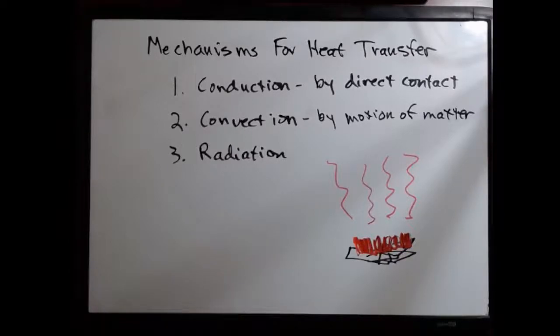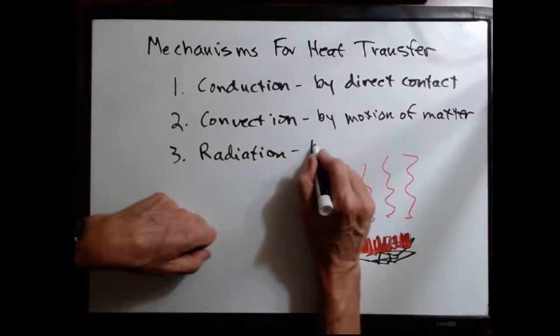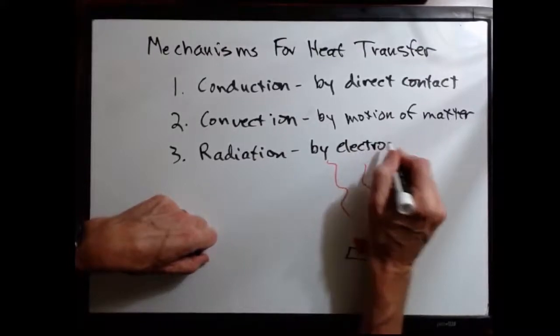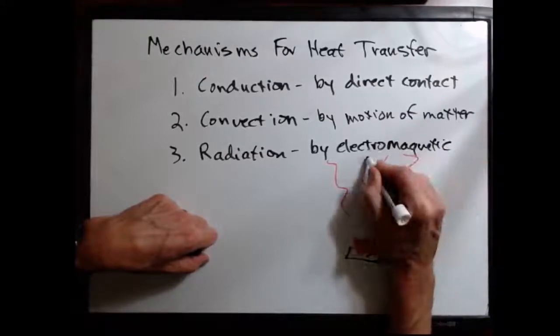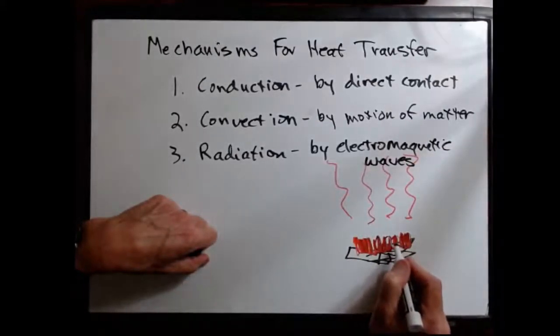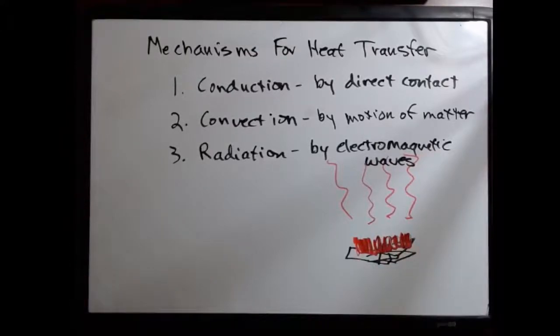And finally, radiation is heat transfer by electromagnetic waves. Part of that comes from here, right? If you have a fire, it's producing infrared radiation, which is heating things up.